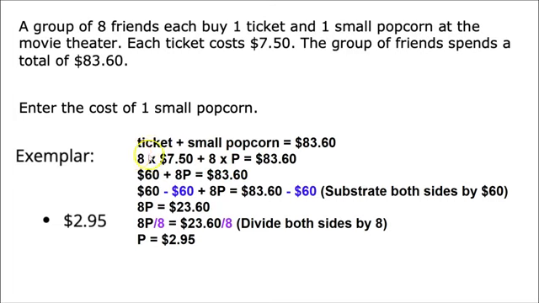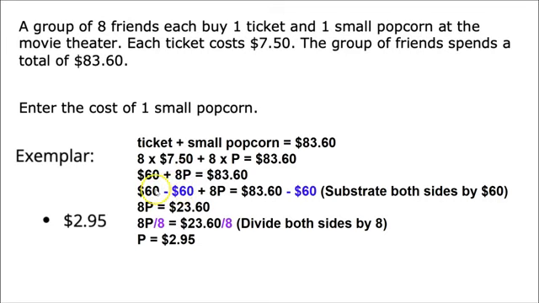Now we got to solve this algebraic expression. You have 8 times $7.50, which is equal to 60, plus 8 times P is equal to $83.60. We got to get rid of the 60 because we're trying to get P by itself. So you subtract 60 to cancel it out.